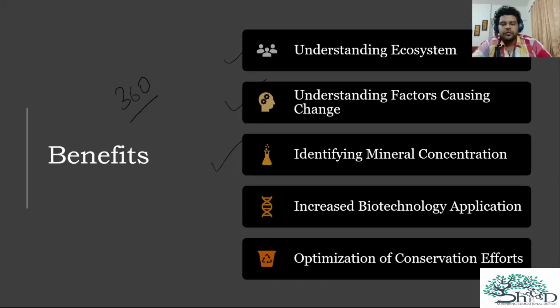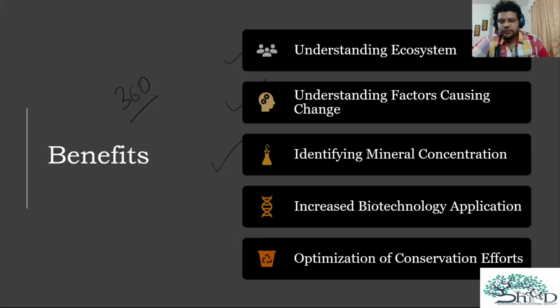All right. Fourth point is increased biotechnology application. How? See, you will be mapping a genome. That will help you understand how microorganisms work, and by chance you may find a microorganism that can help in removal or digestion of plastic in the ocean.